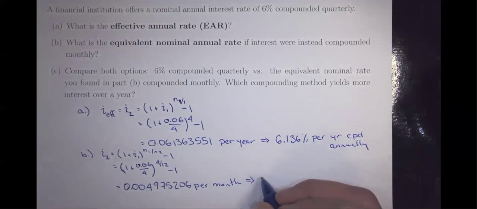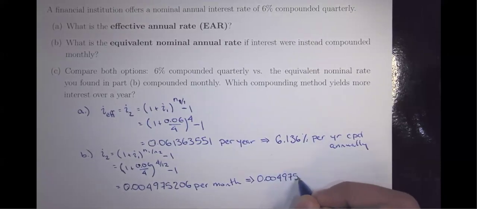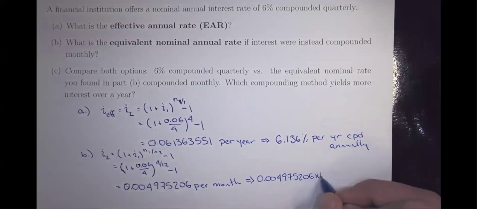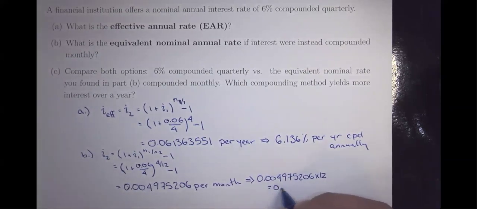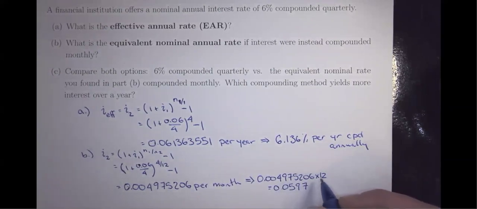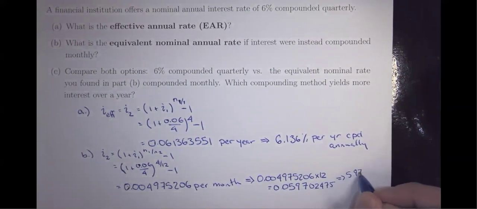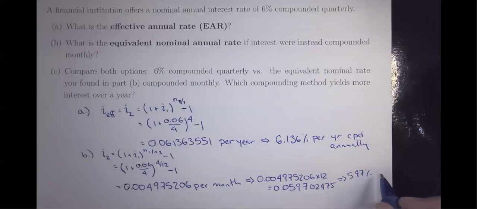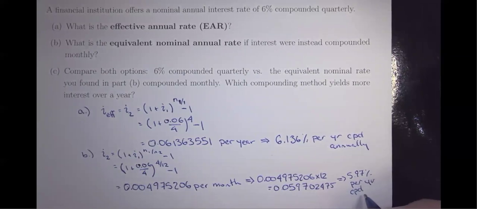So this is 0.004975206 times 12, which is 0.059702475, which is 5.97% per year compounded monthly.